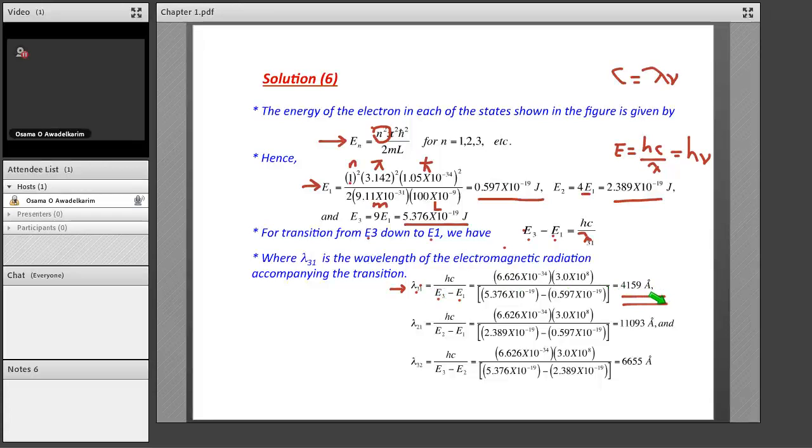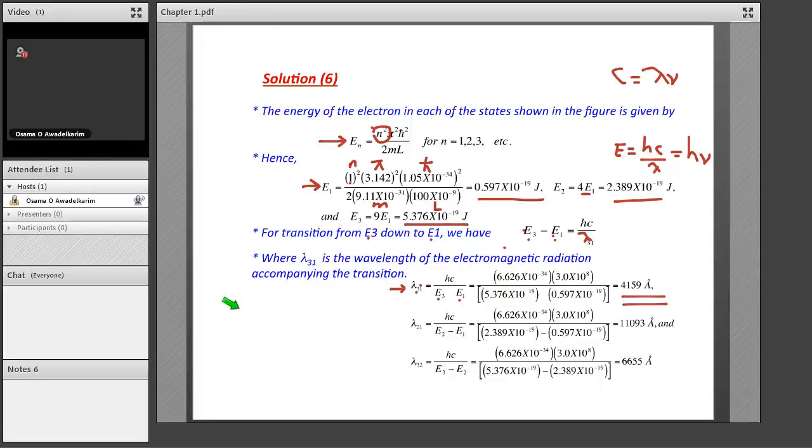4159 angstrom. Remember, 1 angstrom is equal to 1 times 10 to the minus 10 meter.